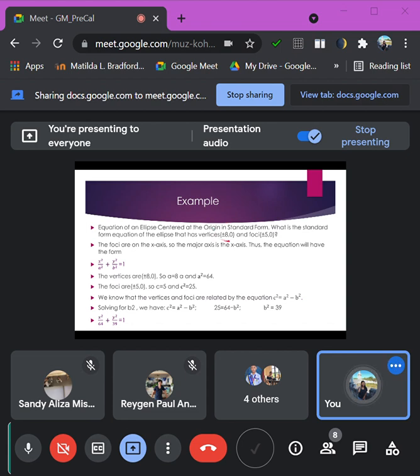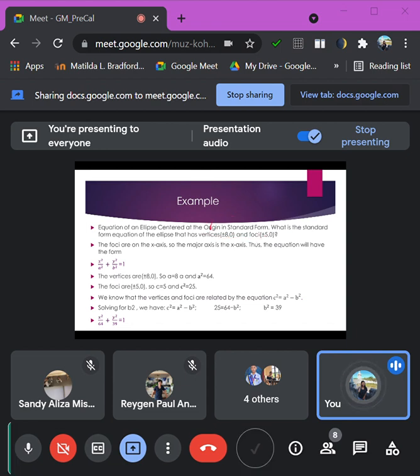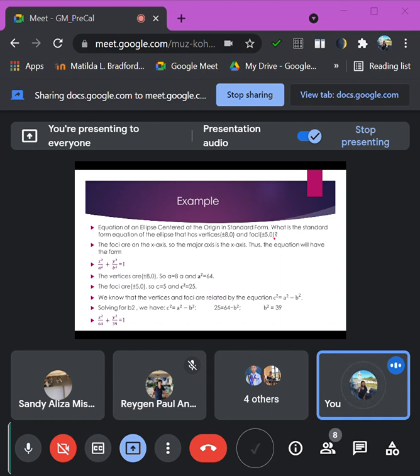By looking at this vertex and foci, class, what is the graph? Is it horizontal or vertical? Horizontal. Okay. Because the vertex is on the x-axis; the values are on the x-axis, which are 8 and 5.